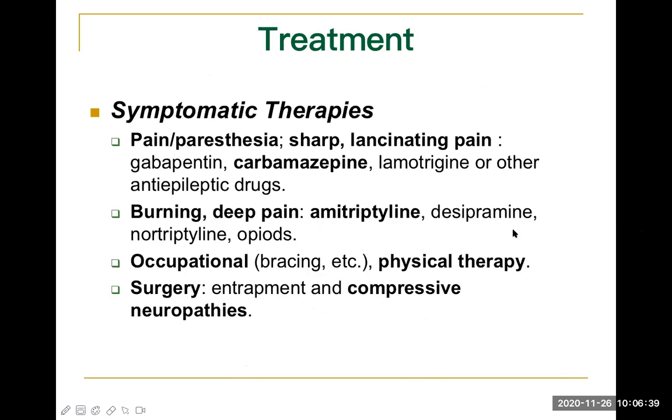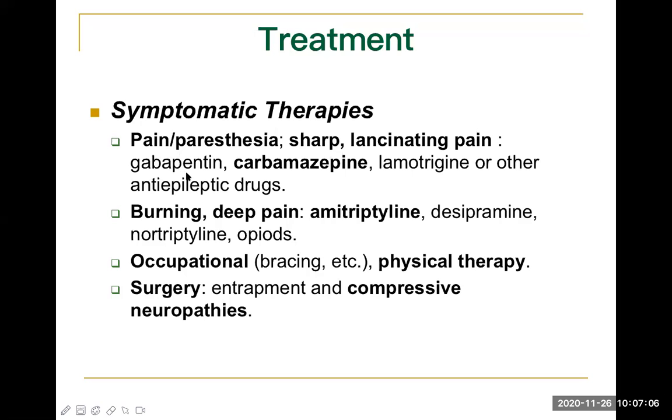Now, these are also very important ones. These are called symptomatic therapy. Sometimes what happens, the patient is having a lot of pain, a lot of burning sensation. So what symptomatic therapy do we provide? Regarding chronic pain or chronic sensory problems, like pain or paresthesia in the extremities, sharp and lancinating type of pain, we give this type of drug.